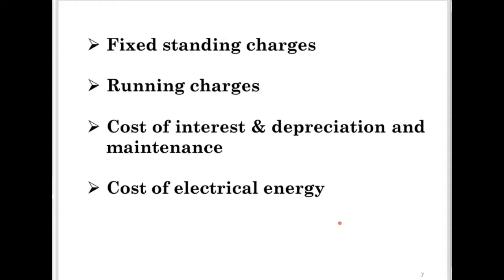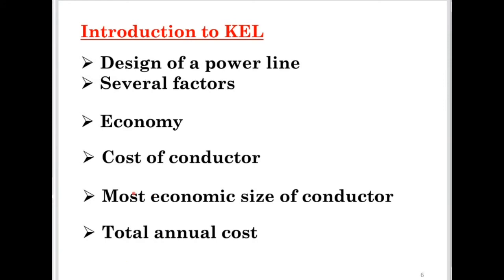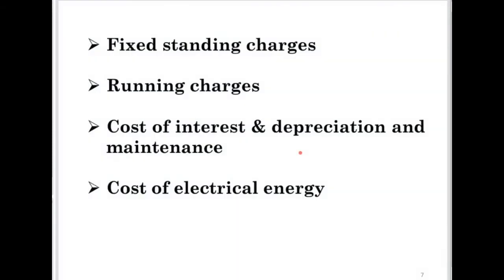Now, when we come to the annual cost, like in the previous slide, you remember that we talked about the most economic size of the conductor, and the most economic size of the conductor is related to the total annual cost that we spend on the conductor. So that annual cost is now divided into these things.